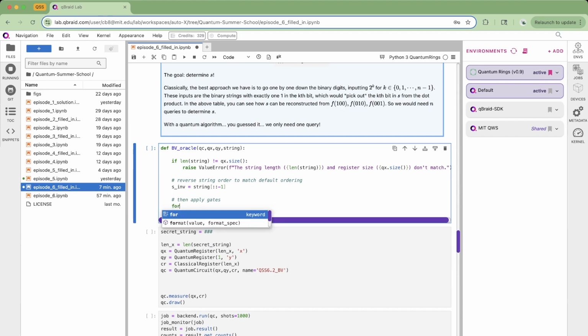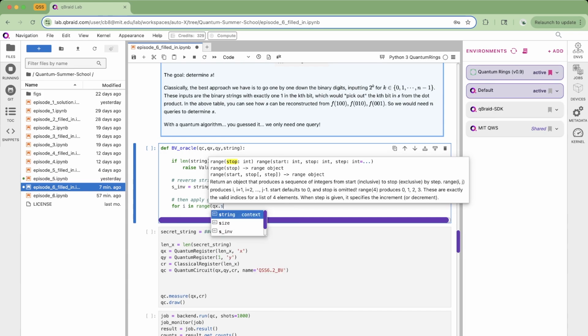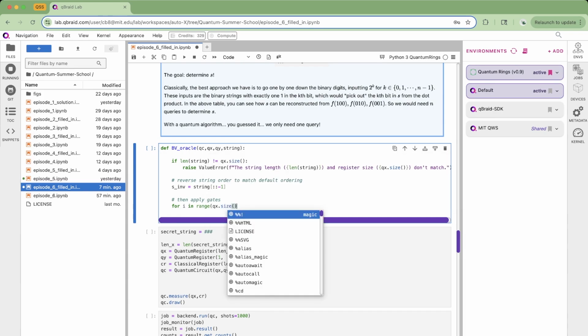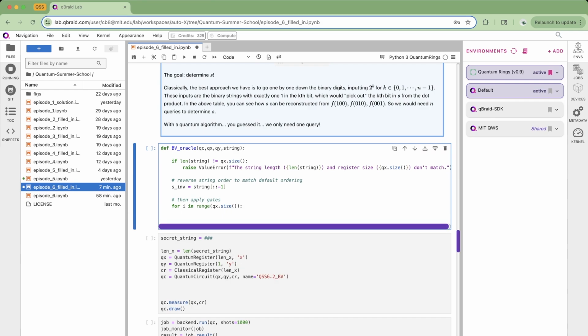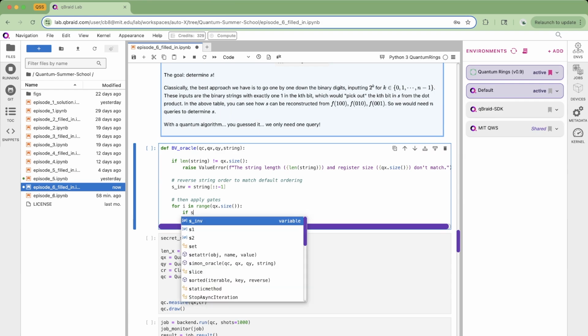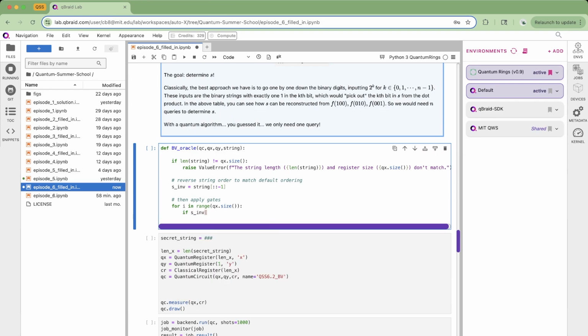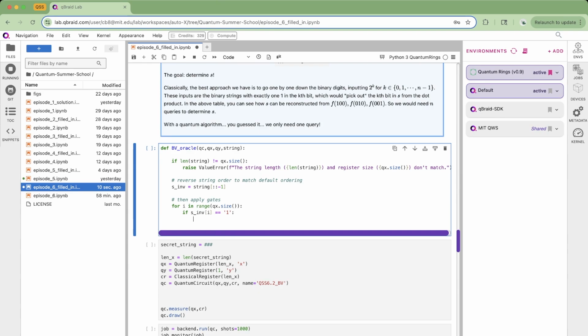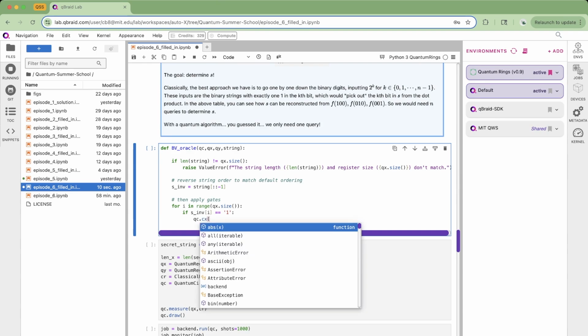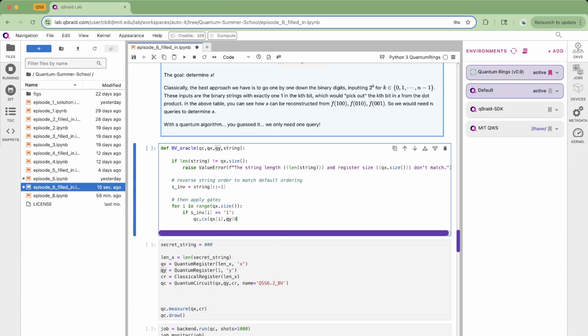So for i in range the size of qx, that's just the number of qubits in that register. If that bit is equal to 1, then we want to apply a controlled X gate. And that's going to be controlled on the ith qubit in qx, targeting qy.